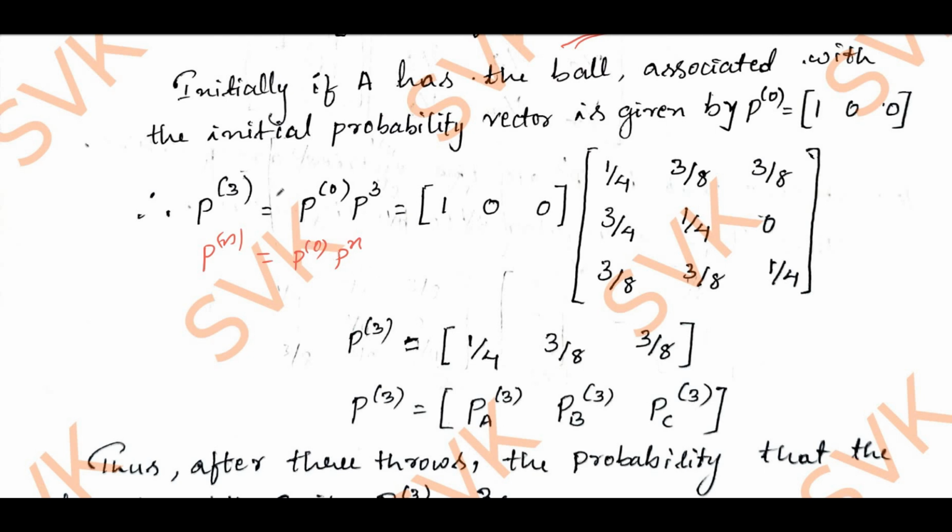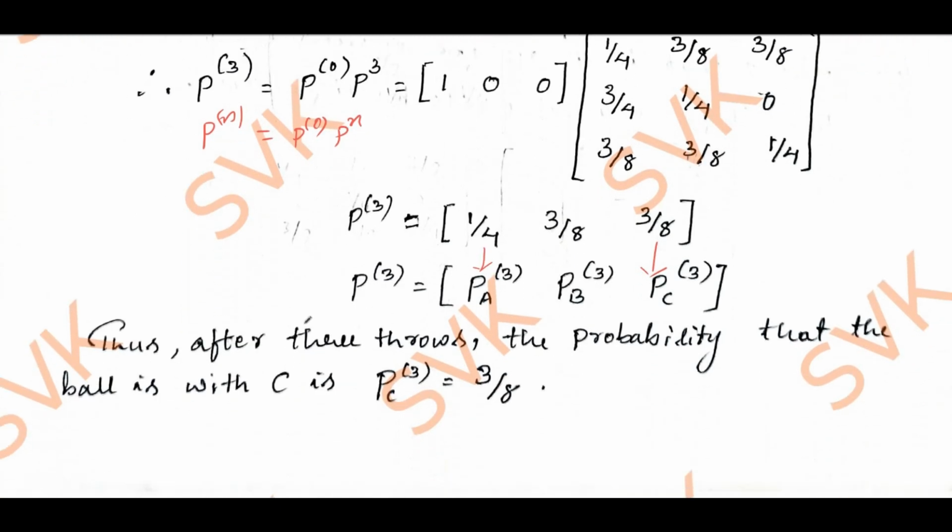Here we have the third throw. So after three throws, P3 is equal to P0 into P cubed, which is 1 0 0 multiplied with P cubed. We got the values as 1 by 4, 3 by 8, 3 by 8. So 1 by 4 represents person A having the ball, 3 by 8 is person B having the ball, and finally 3 by 8 is C having the ball after three throws.